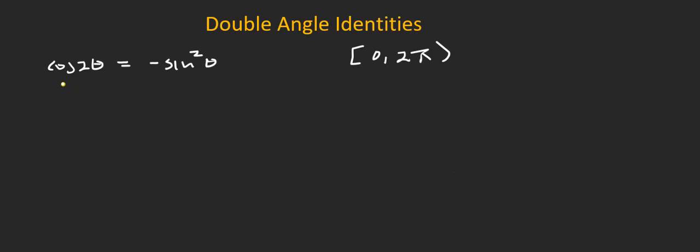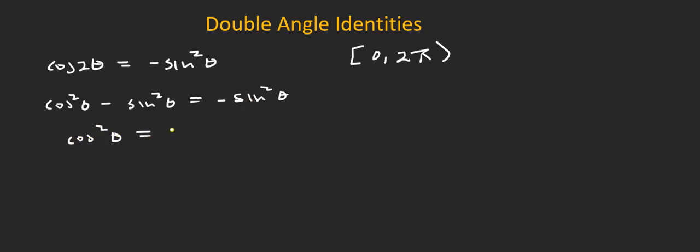Let's solve this equation. You have cosine of 2 theta is negative sine squared theta. And notice you have a restriction on your theta. So cosine of 2 theta is cosine squared theta minus sine squared theta, equals negative sine squared theta. Now when you add sine squared theta to both sides, you get cosine squared theta is 0.